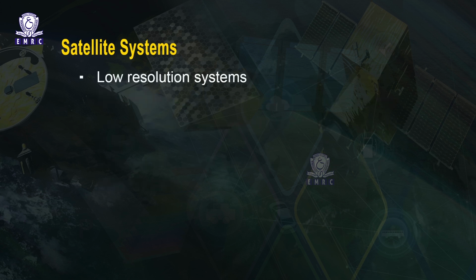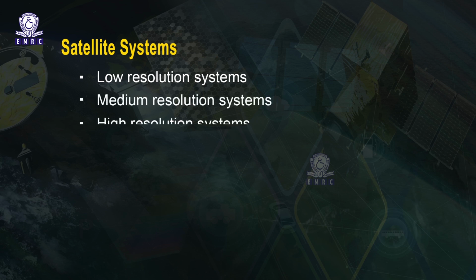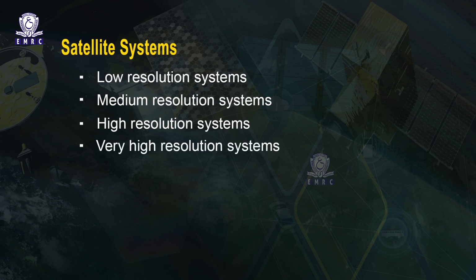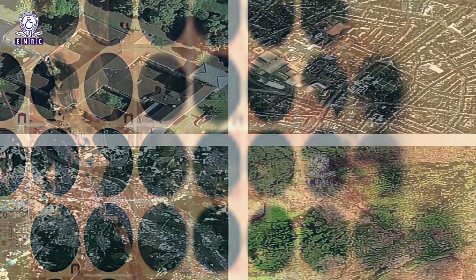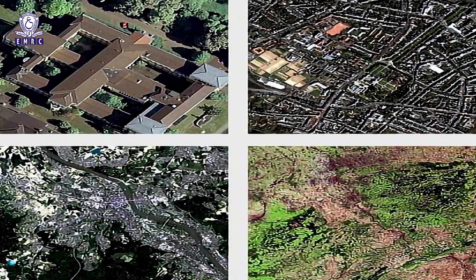Based on the spatial resolution, satellite systems can be classified as low resolution systems, medium resolution systems, high resolution systems, and very high resolution systems. Spatial resolution of any satellite sensor applies to the image produced by the system, whereas resolving power of any photograph applies to an imaging system or a component of the system.